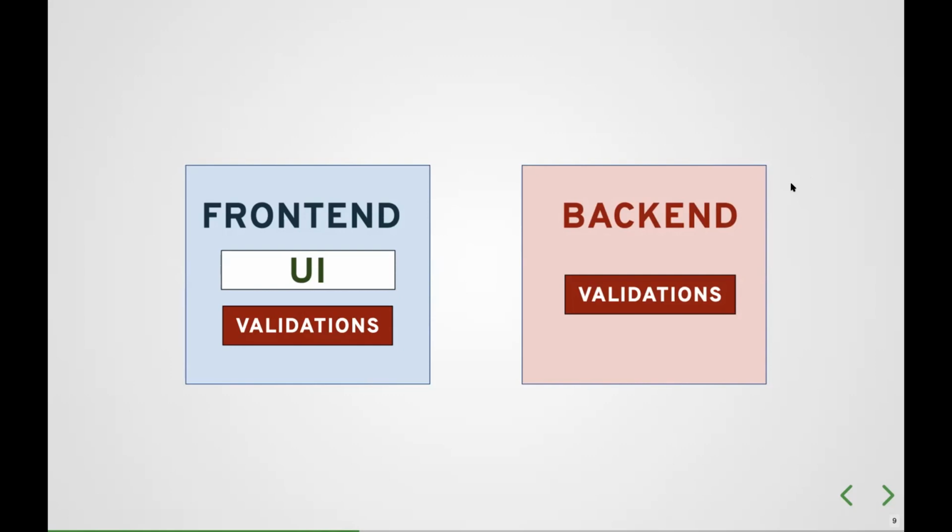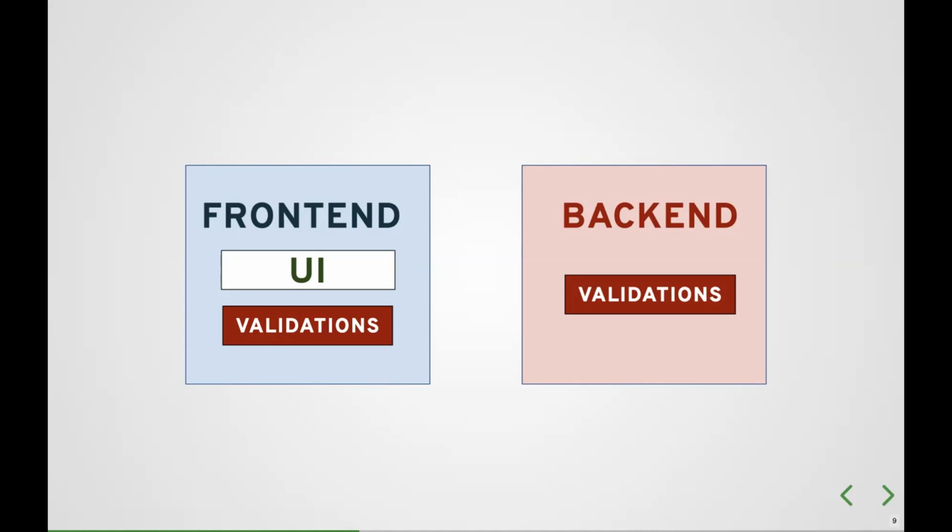Even though there are a lot of things that we are focusing on, like UI, validations, user experience, flow logic, they are inherently very much tightly coupled. So we have these data requirements which are coupled with the user interface, and we also have these validations which are tightly coupled with UI.